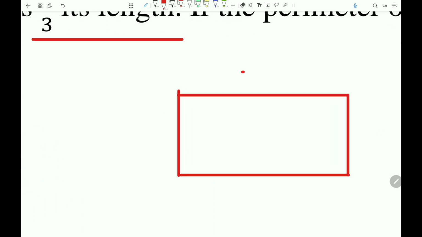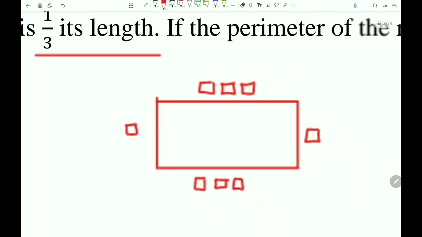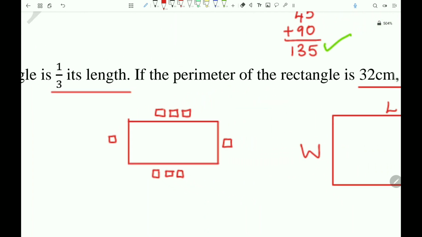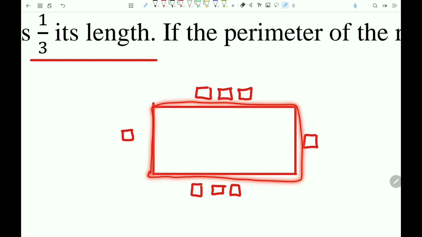So along each length, I'm going to put 3 boxes because that is the value of the length. And along each width, I'm going to put 1 box. Right, now they told us the perimeter is 32 centimeters, which means the distance all around this rectangle, that's what perimeter means, is 32 centimeters.